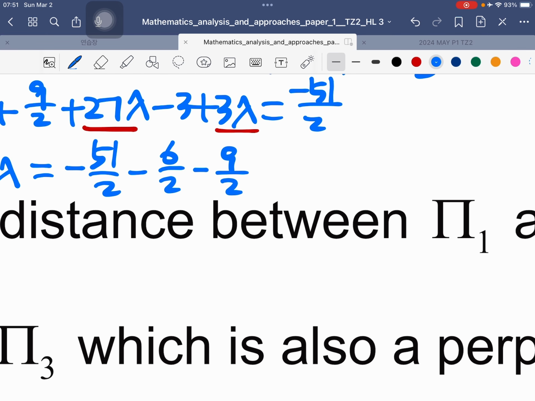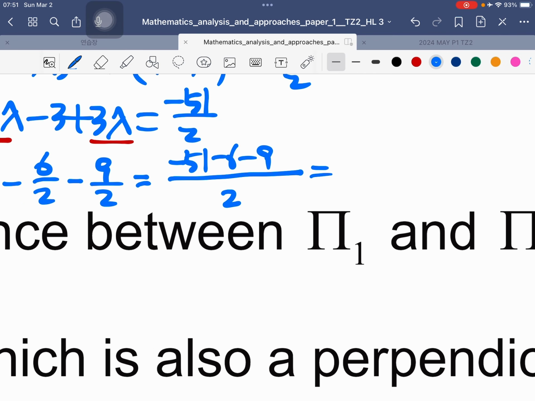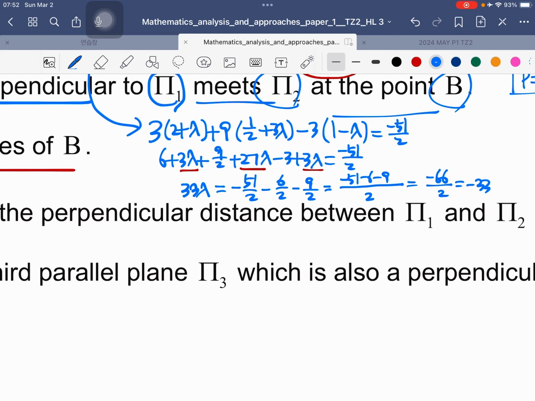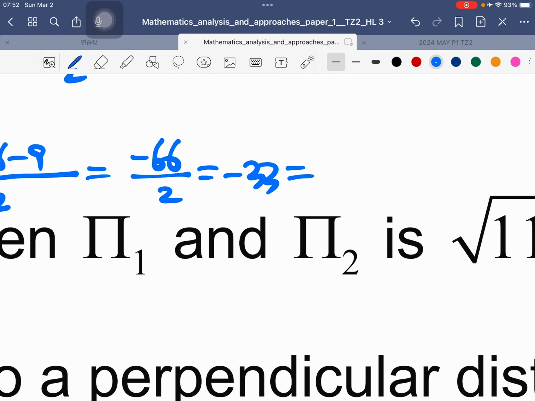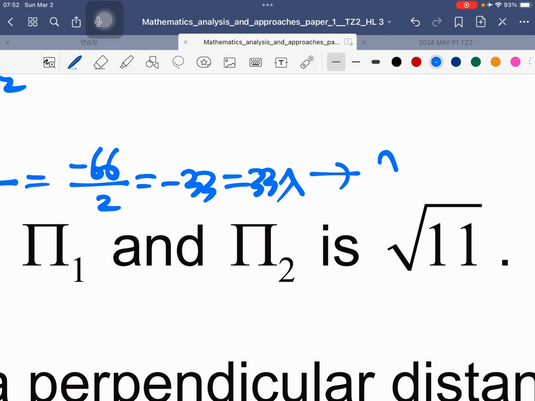The numbers look nasty, so putting 2 on the bottom: negative 51, negative 6, negative 9, which gives negative 66 over 2, which is negative 33. That looks neat now. So this is 33 lambda equals negative 33, so lambda must be negative 1, right?